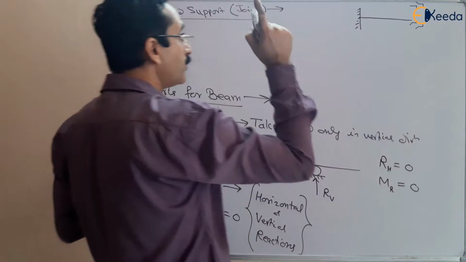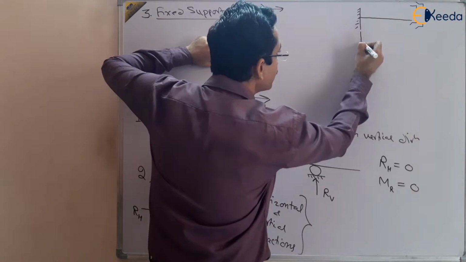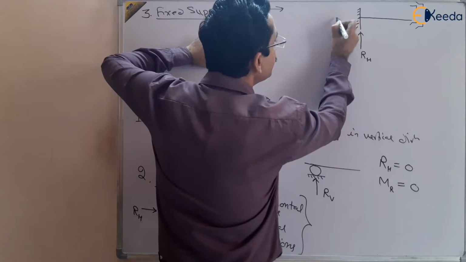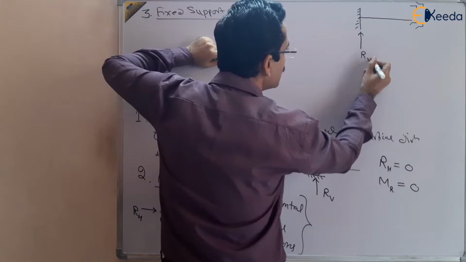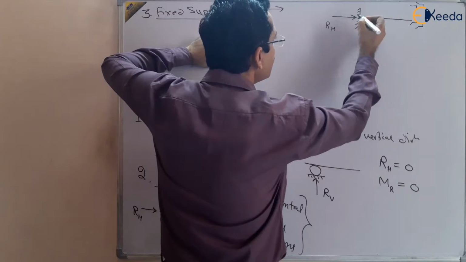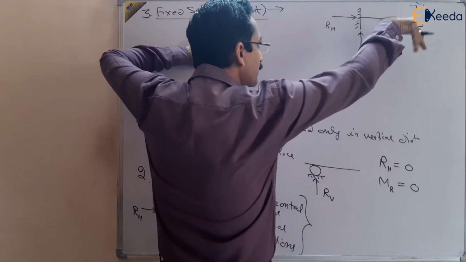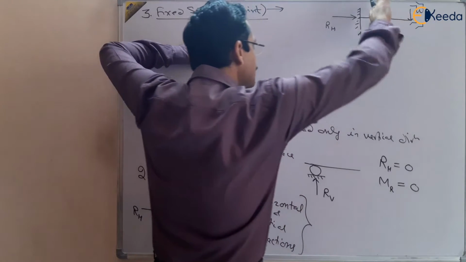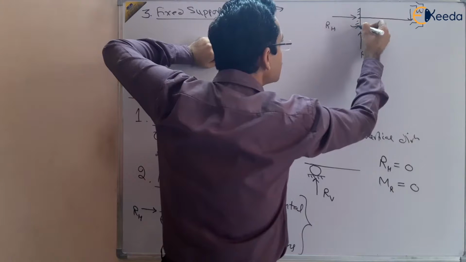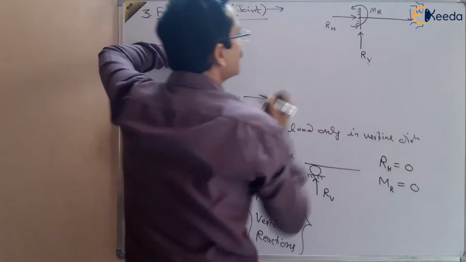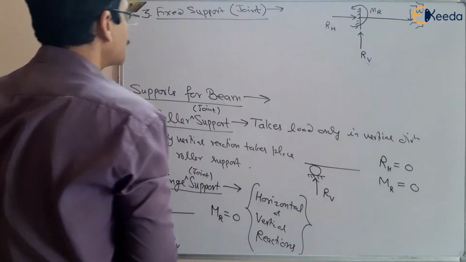So it will resist all three: horizontal, vertical, and it will also resist the rotation of this beam. If we apply a load here, it will resist the rotation of this beam. So there will be a resisting moment developed at this support, right?